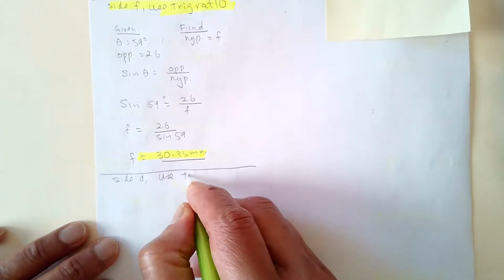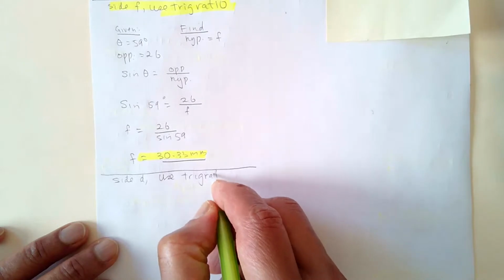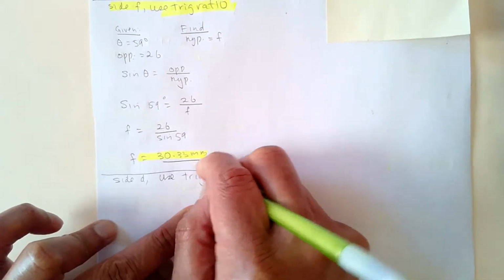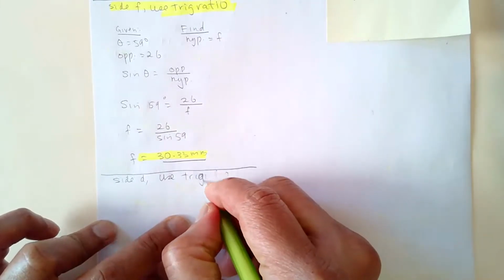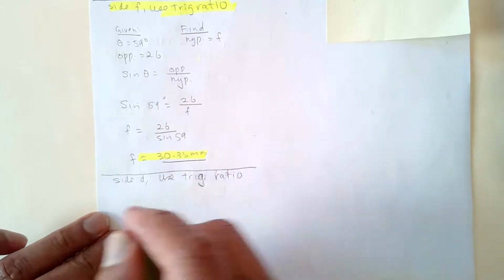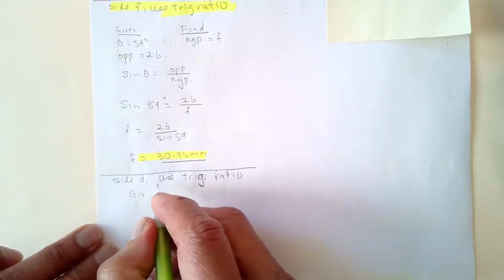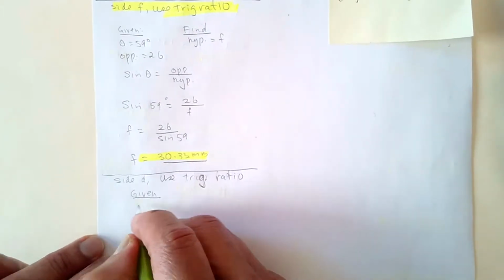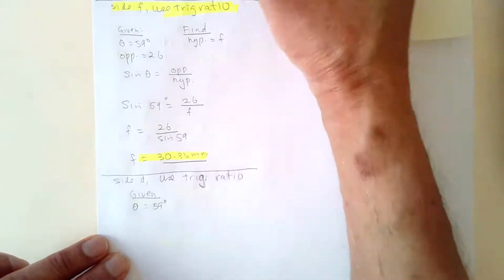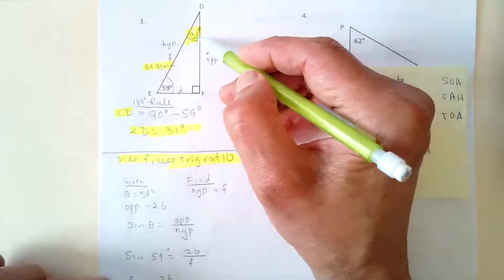Use trig ratio. So we are given theta, which is 59. We also have theta as 31.